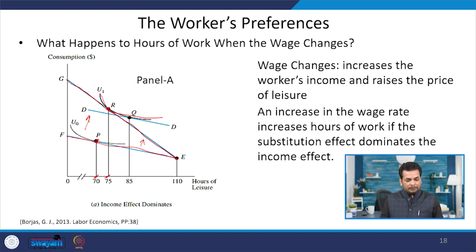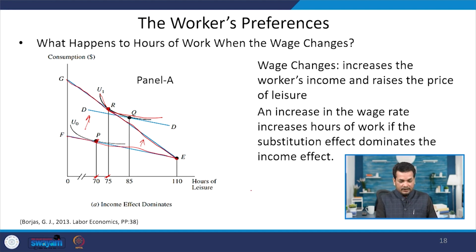So, simultaneously both things work. His income has increased, as well as he finds the leisure is more expensive. So, he cannot substitute with work hours, he finds difficulty. So, moving from point P to point R has two effects simultaneously.